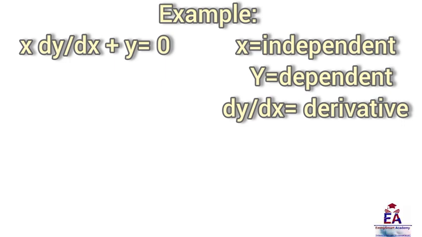That means x is the independent variable, and y is the dependent variable. Y depends on x. We said it contains an unknown function and one or more of its derivatives. The derivative we are talking about is dy/dx.